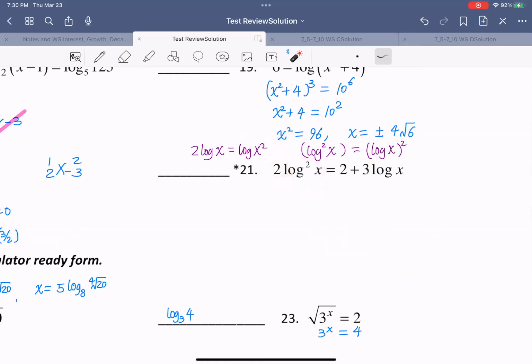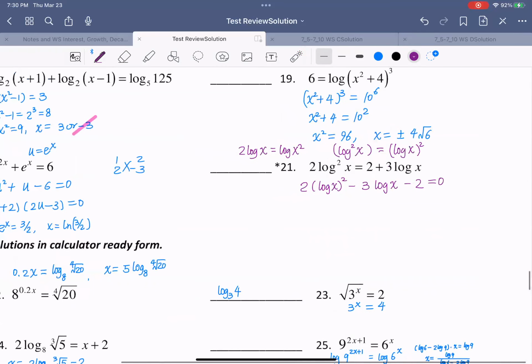So we can treat it as 2 parentheses log x parentheses squared equals minus, we can move this around. So we move this around, and then we can factor. One, two, two, one, negative.